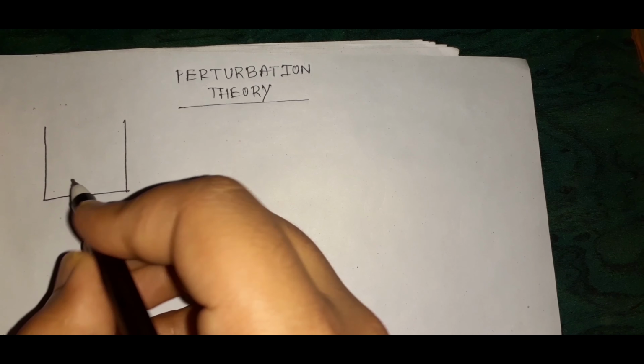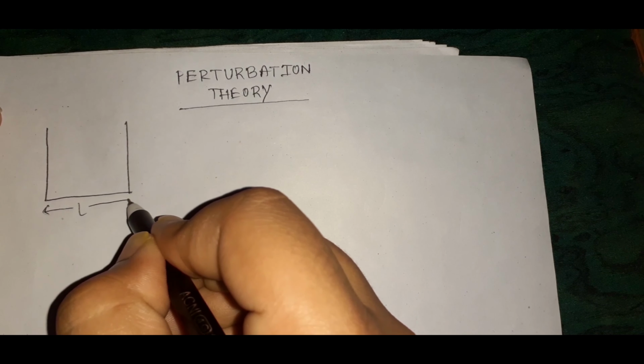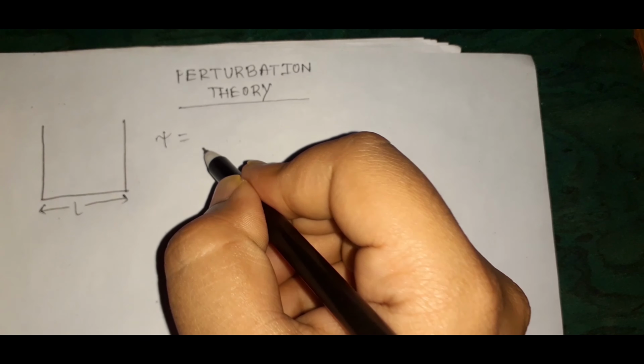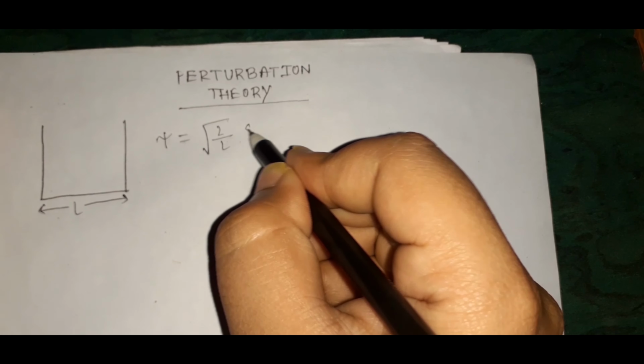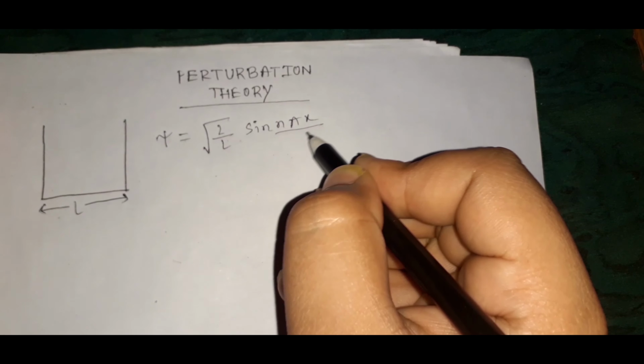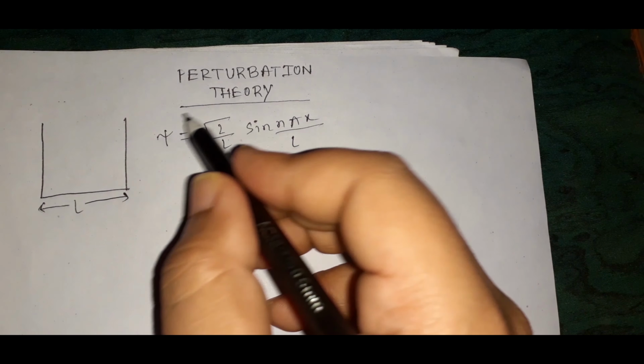As we all know, if this is an infinite well potential and the length of the well is L, then the solution of the wave function is root over 2 by L sine n pi x by L. So this is our exact solution.